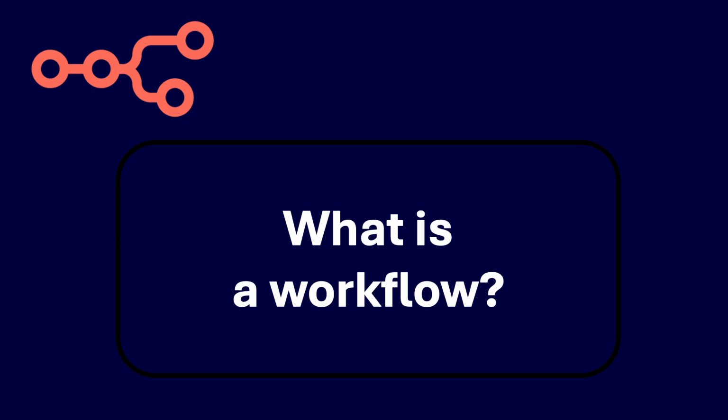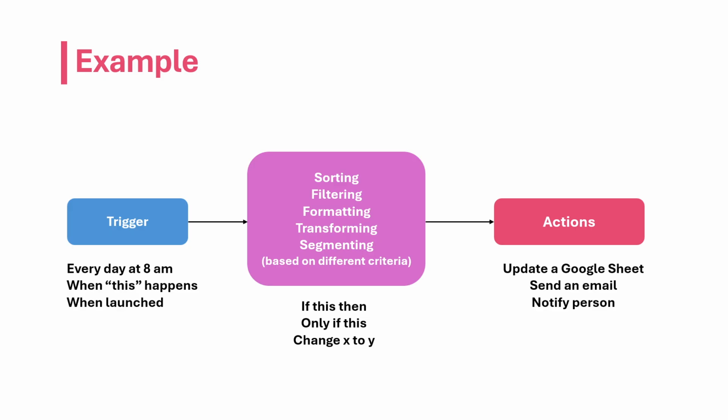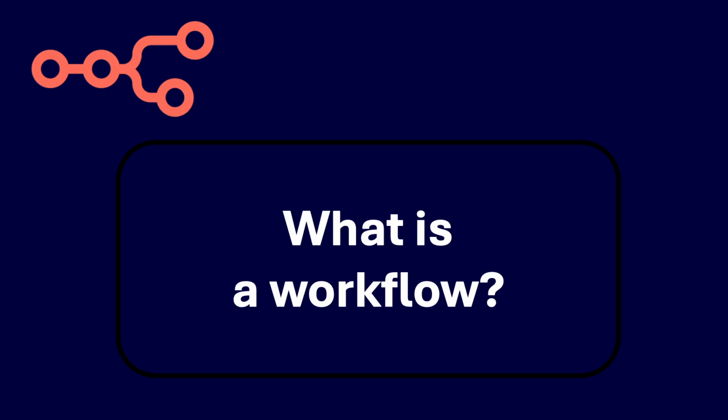So basically, one thing I would like to tell you is that triggers, filters, and actions, which we already discussed, when all three things come into contact, it is called a workflow. It is like a chain of connected nodes, each performing a specific job.